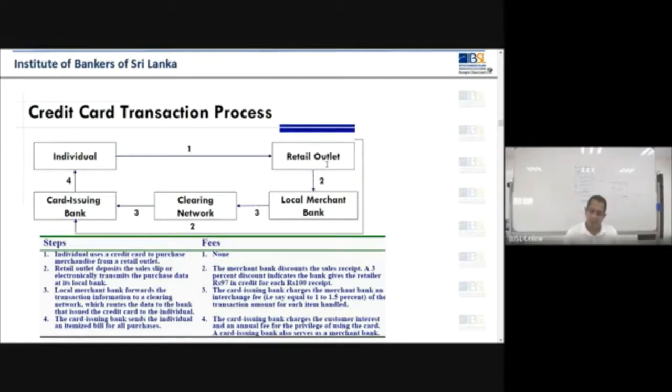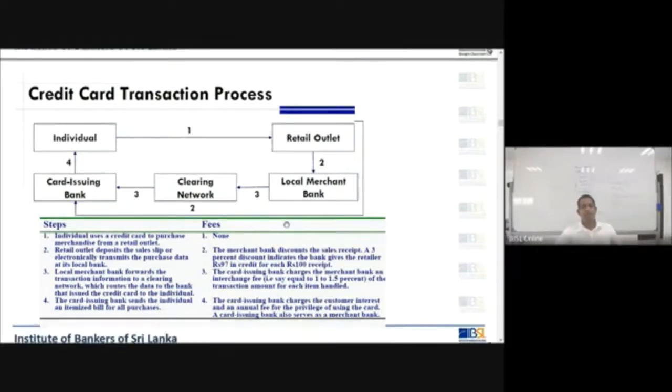If the POS machine is NDB, the merchant bank is also NDB. If the POS machine is BOC, the merchant bank would be BOC, and the card issuing bank would be NDB. Right? How does it go? You go to House of Fashion and purchase 10,000 rupees worth of goods. Right? You give the card.